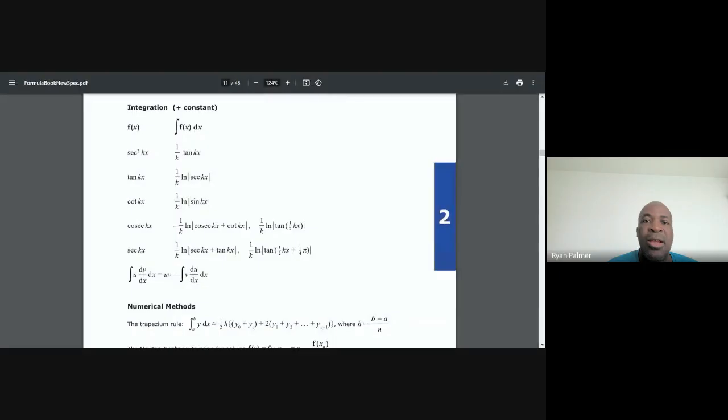All right, so let's have a look at that. Here we have the standard integral for cosec kx being minus 1 over k ln of cosec kx plus cot kx. So we know that in this case k is going to be equal to 1. So we apply that.